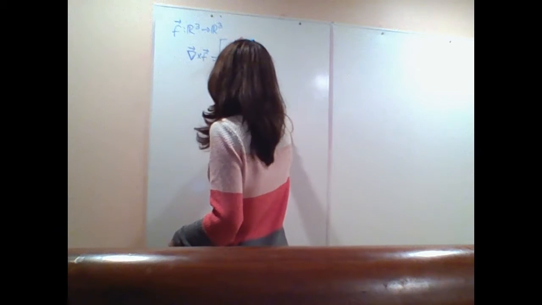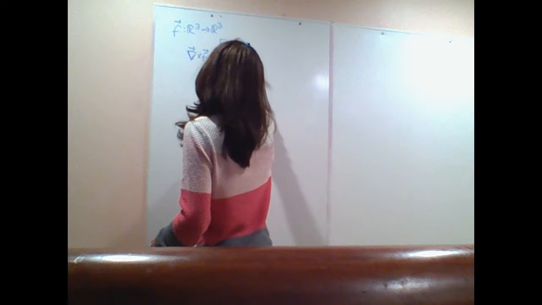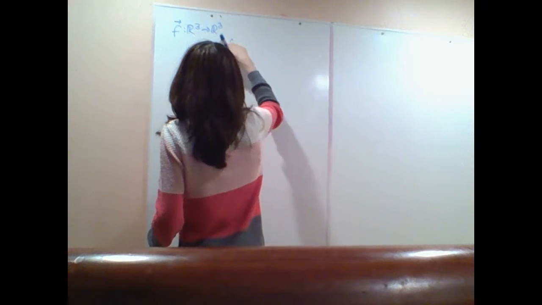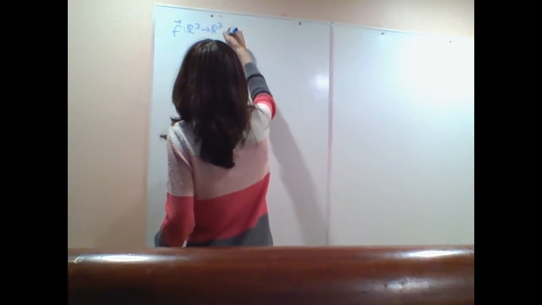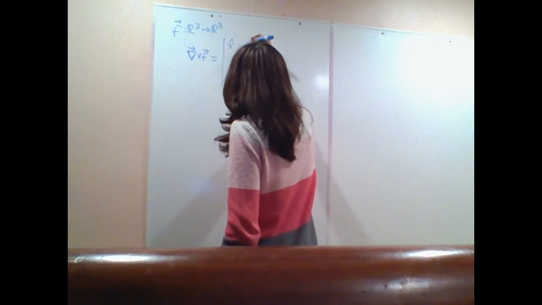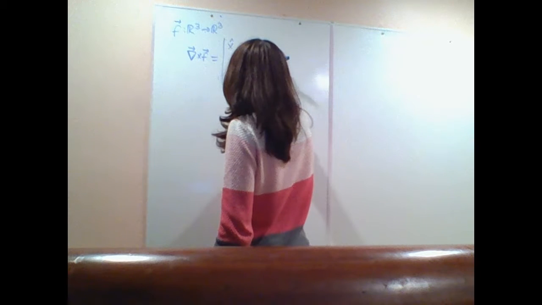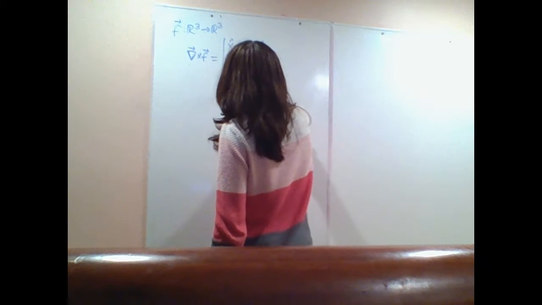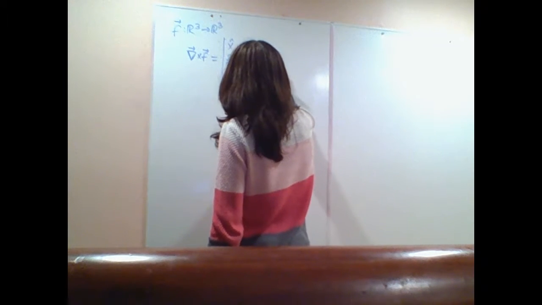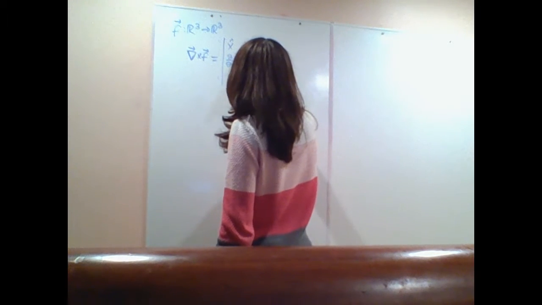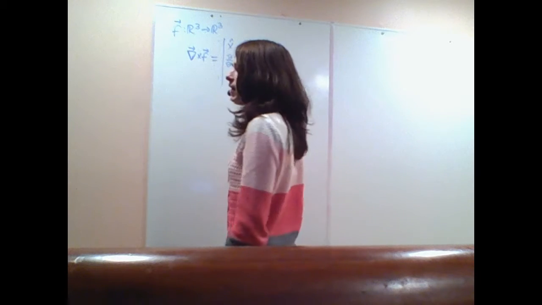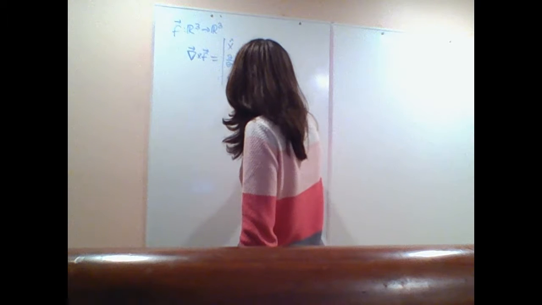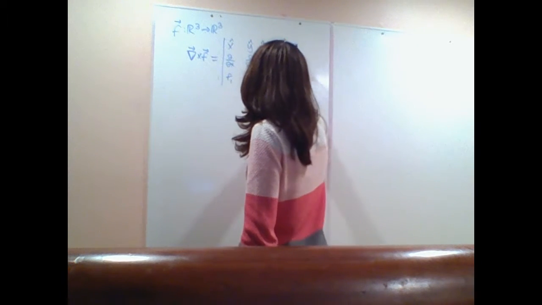So the cross product of del and F is equal to the determinant of x hat, y hat, and z hat, d over dx, d over dy, and d over dz, and f sub 1, f sub 2, and f sub 3.